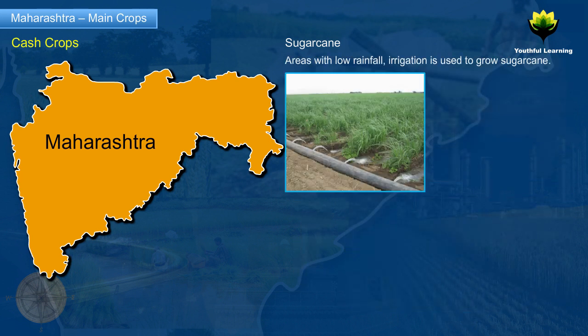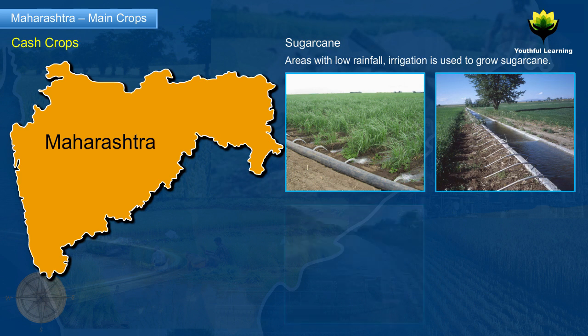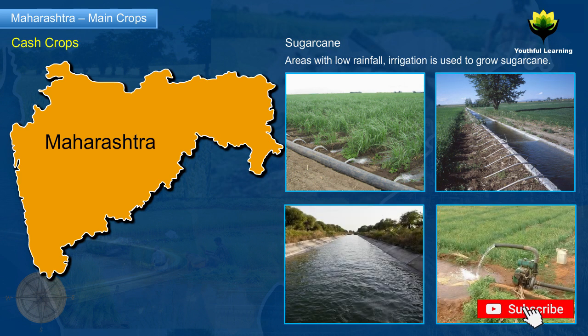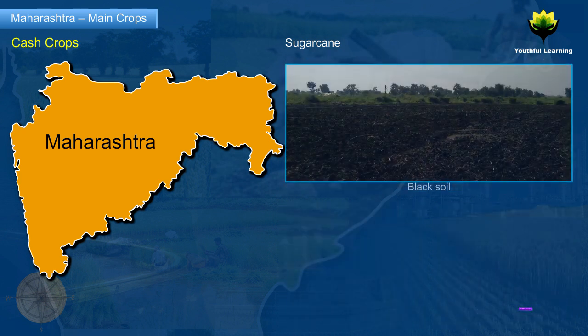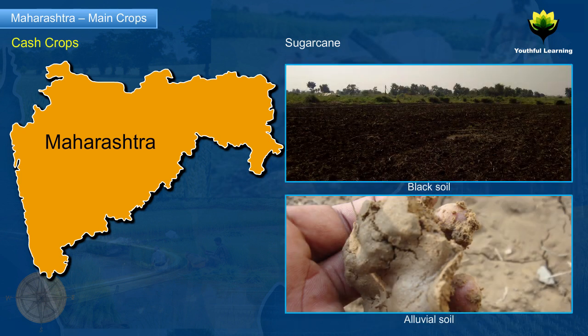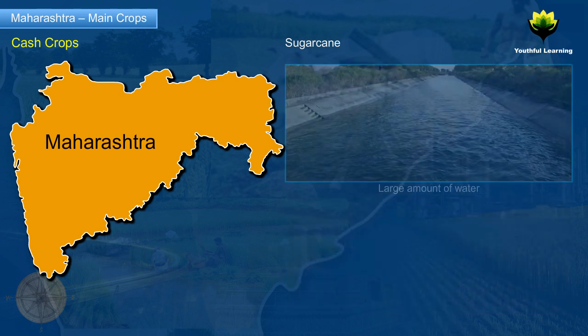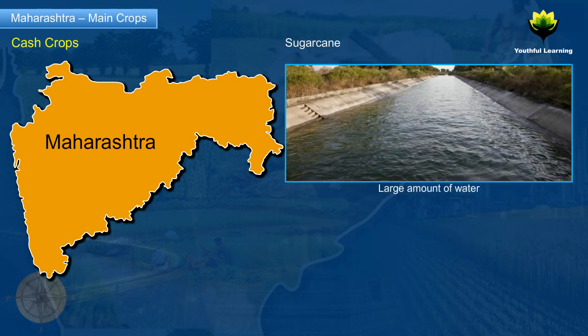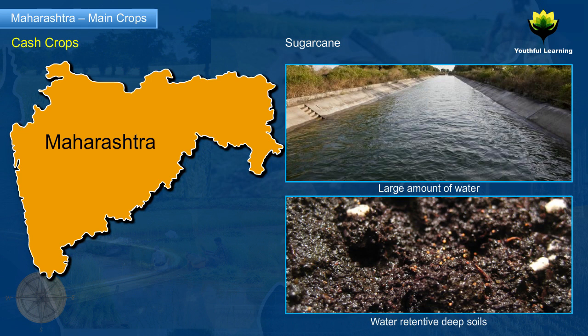In the areas with low rainfall, irrigation is used to grow sugarcane. It grows best in black soil and alluvial soil. Since sugarcane requires large amount of water, it grows well in water-retentive deep soils.